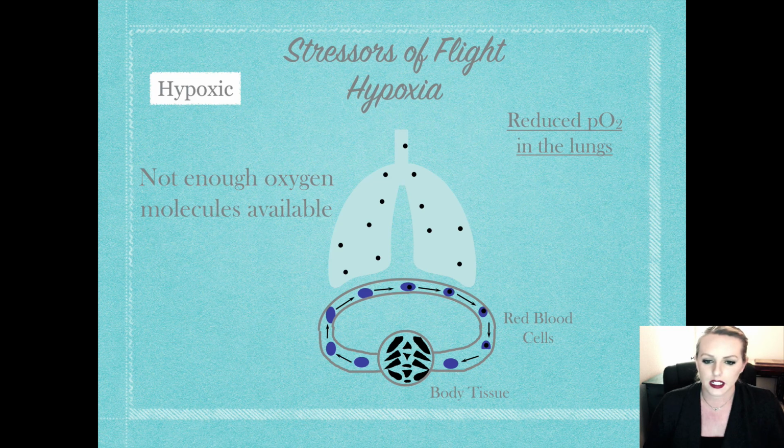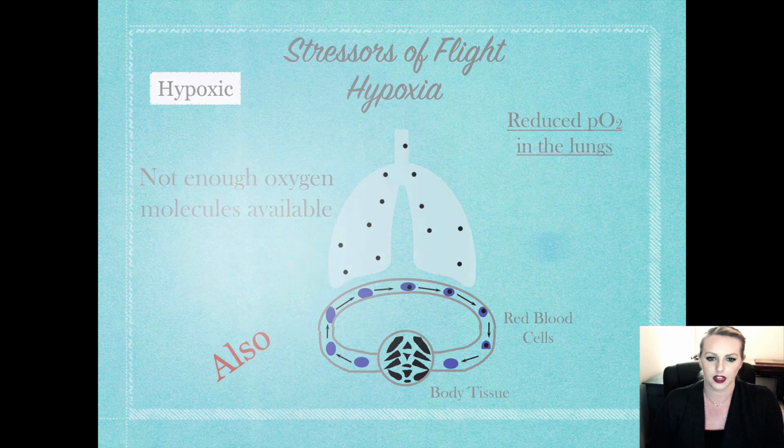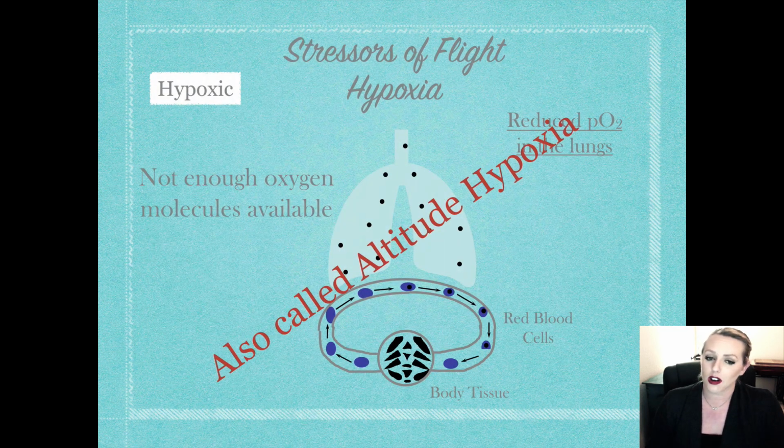The blood cells will have some hemoglobin on them, and the body tissue can receive that. There's nothing wrong with the red blood cells, and nothing wrong with the body tissue, but there is not enough oxygen in the lungs. Hypoxic hypoxia. We need to know that this is also called altitude hypoxia.